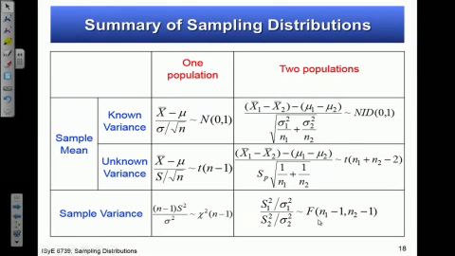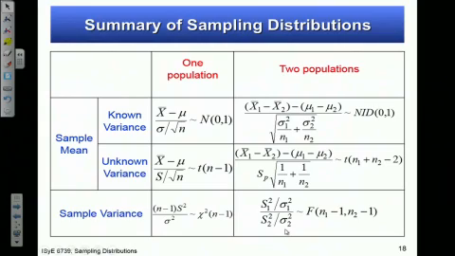Go ahead. I think it's usually the case that we don't know the real sigma, and we know this S. So what is used for the F distribution? Oh, I see what you mean. You will see later when we have a confidence interval for the ratio of sigma 1 and sigma 2, then we use that F distribution.